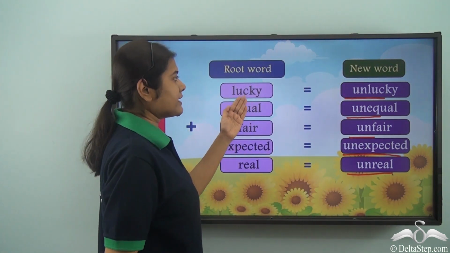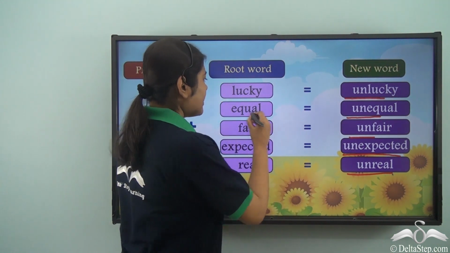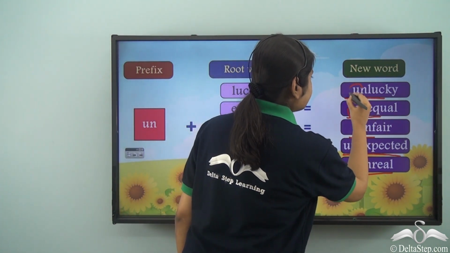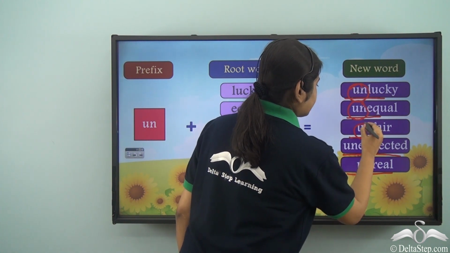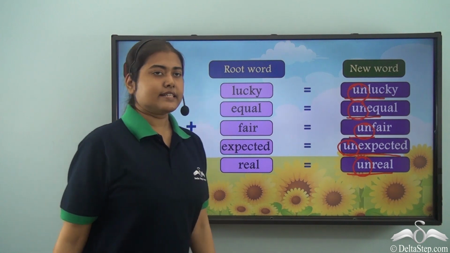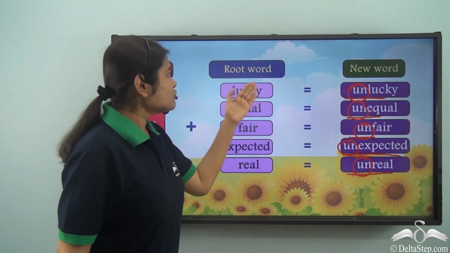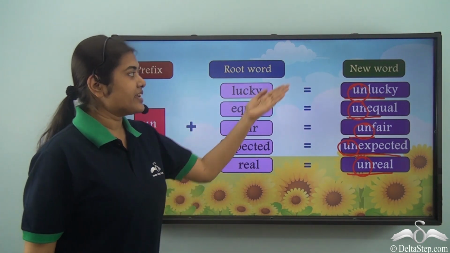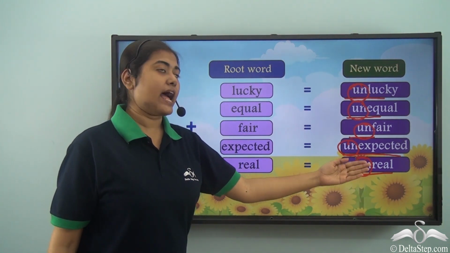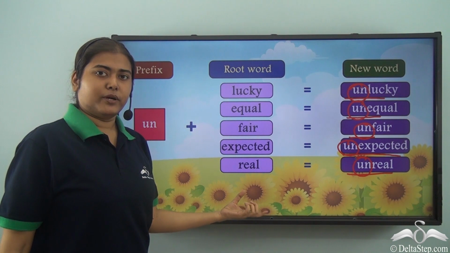So, you see lucky becomes unlucky, equal becomes unequal. So, these are the prefixes which are added to the root word and we get the new set of words which are the opposites or antonyms of the root words.